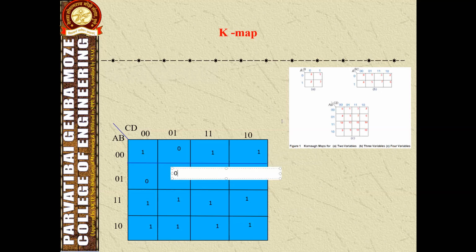So this is the K-map they have given. Using this, we have to simplify and write a Boolean expression.